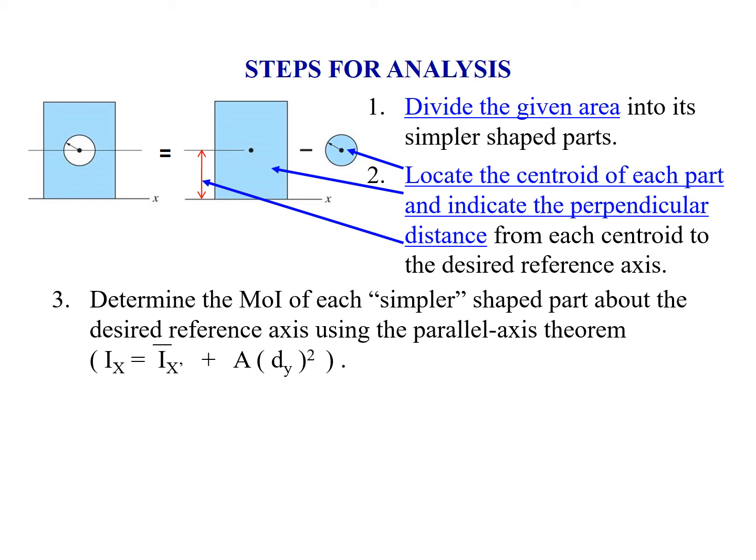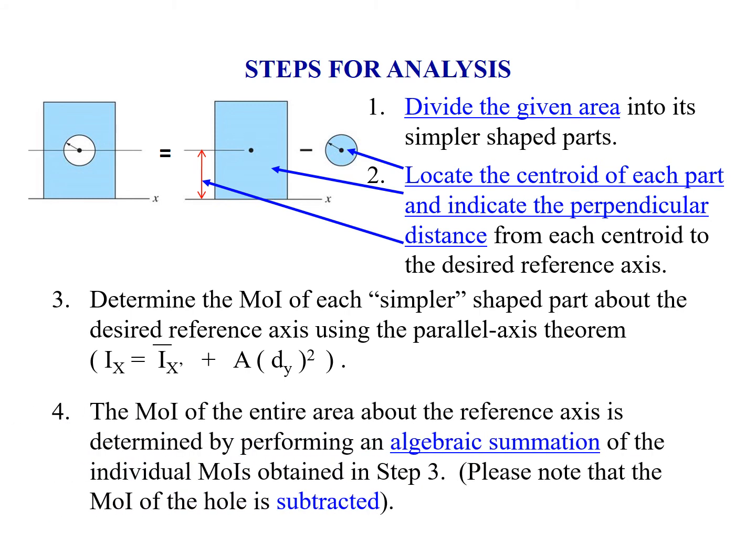That's the parallel axis theorem that we'll be using in these composite areas. The moment of inertia of the entire area about the reference axis is determined by performing the algebraic summation of the individual moments of inertia obtained from step 3. Please note that the moment of inertia of the hole is subtracted, therefore.